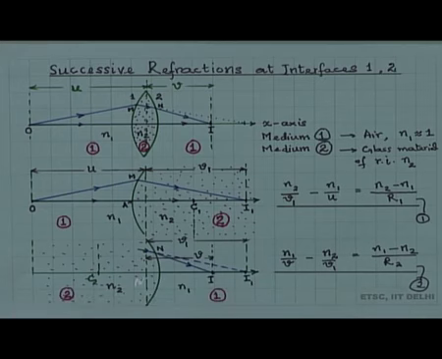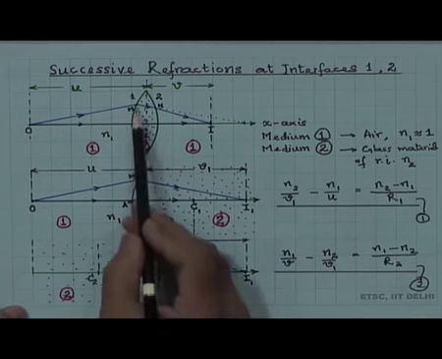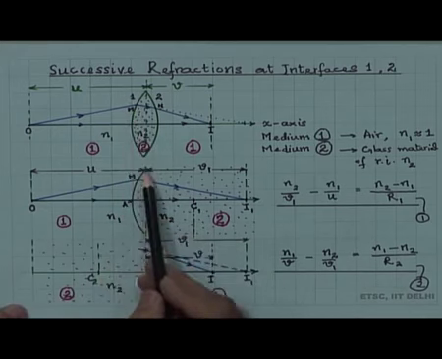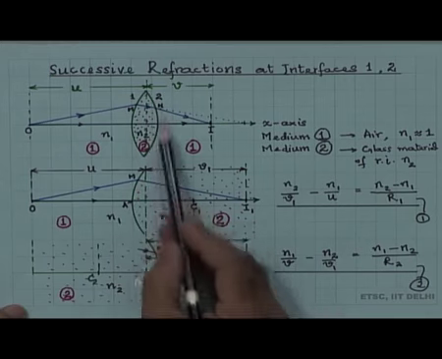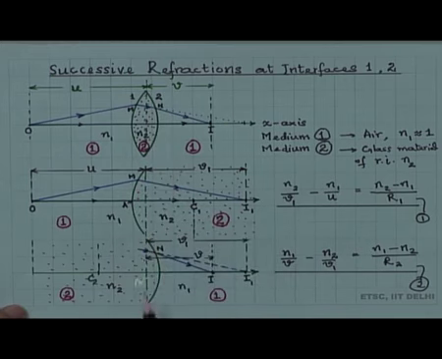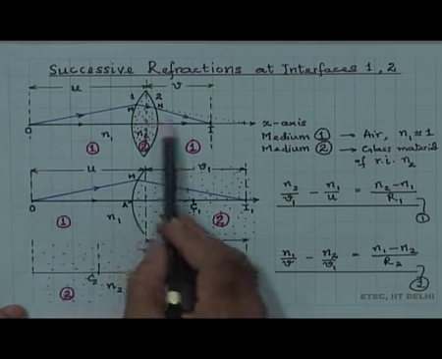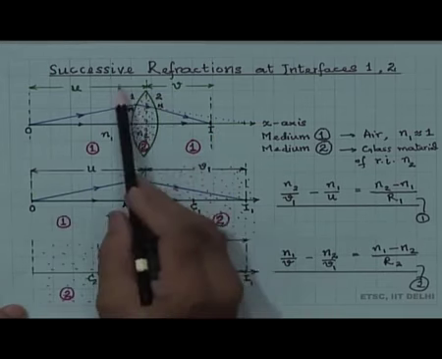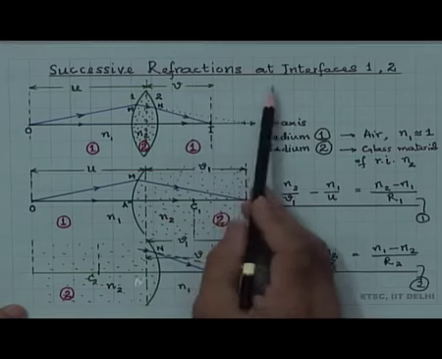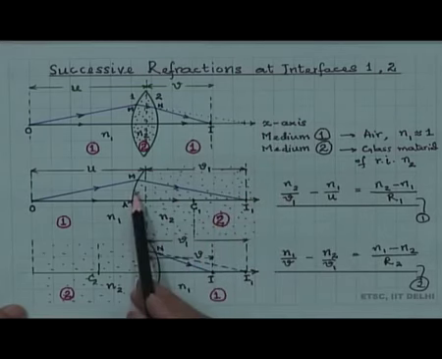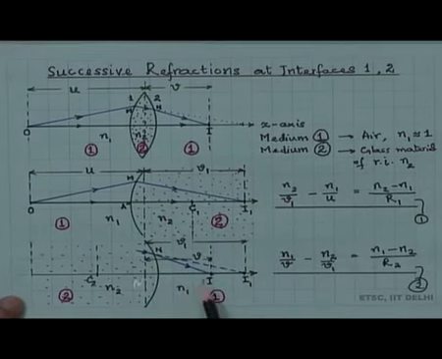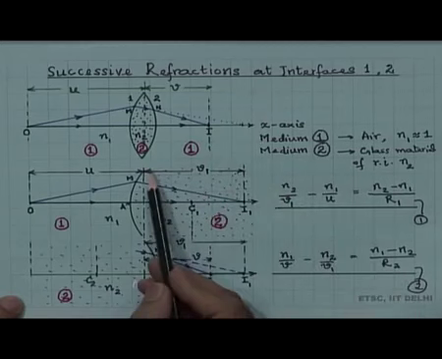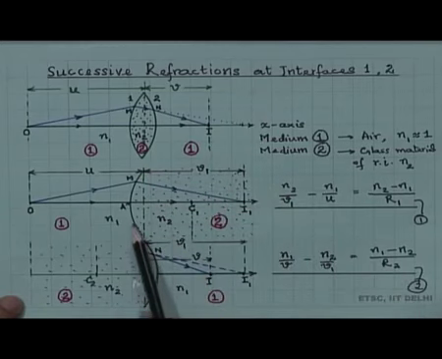Now, as I mentioned, you can see exactly this surface is shown here and this surface is shown here. So, we treat the net refraction here as a case of successive refractions at interface 1 and interface 2. Why do we do that? Because we have already seen refraction at a single interface.